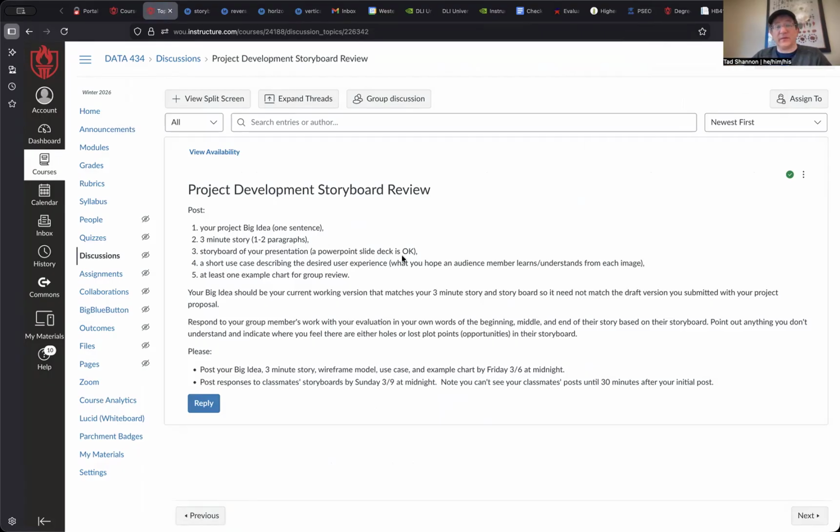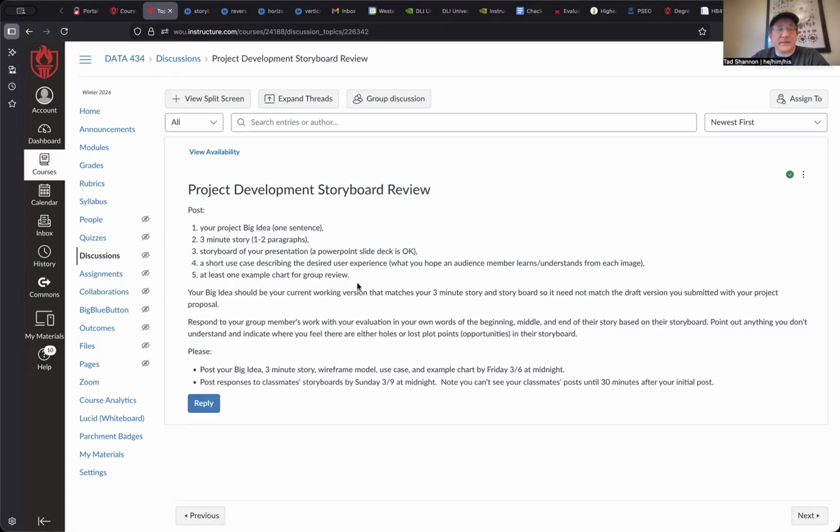And then a storyboard, a PowerPoint slide deck is okay. And some reflection about what is the desired user experience. So as people look at your presentation, what are you hoping they're going to take away from key images, the whole thing? What are your thoughts there?